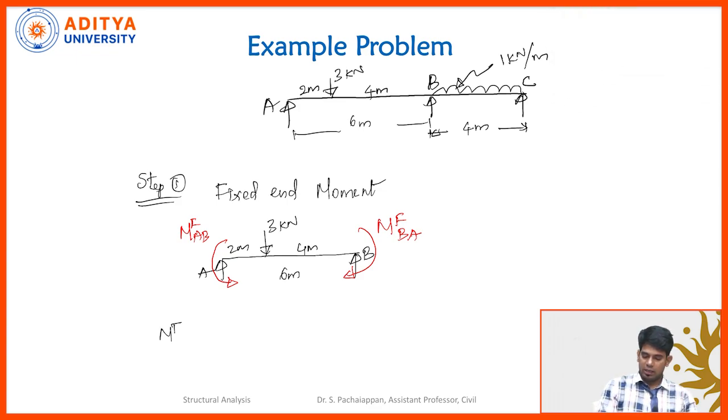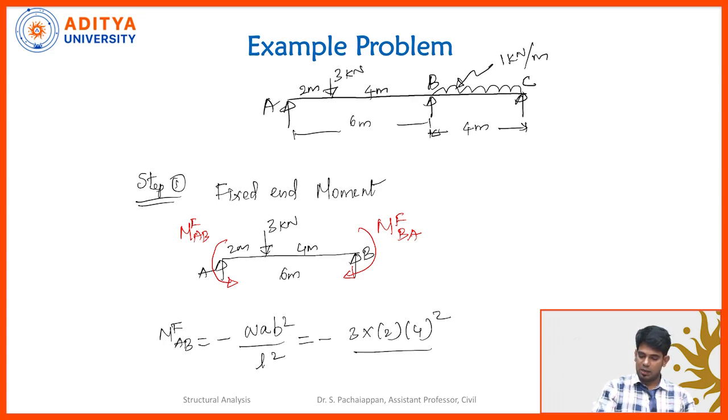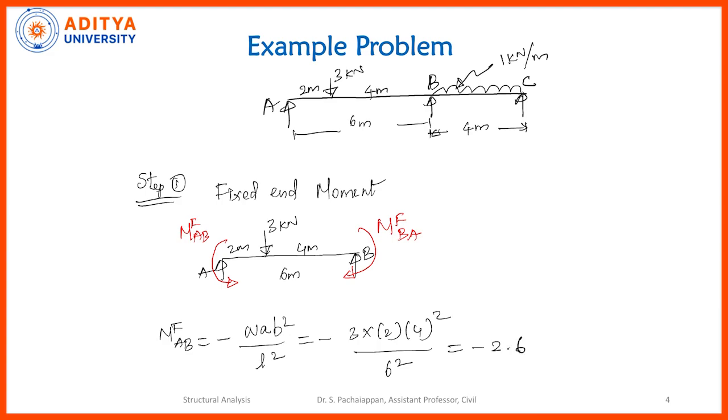Let's calculate MF AB. Since it is an anti-clockwise moment, we need to use the negative sign. The formula is W a b squared by L squared. Let's substitute: W is 3 kN, a is 2 meters, b is 4 meters squared, divided by span 6 squared. So we get the value of minus 2.67 kilonewton meter.